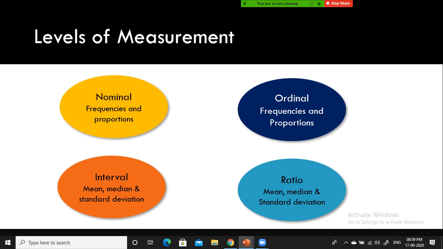How many male customers filed for the claim? How many female customers filed for the claim? In the case of nominal, all we do is just classify the data. In other words, in the case of nominal, we are simply labeling the transactions or observations. Observations are nothing but the records.